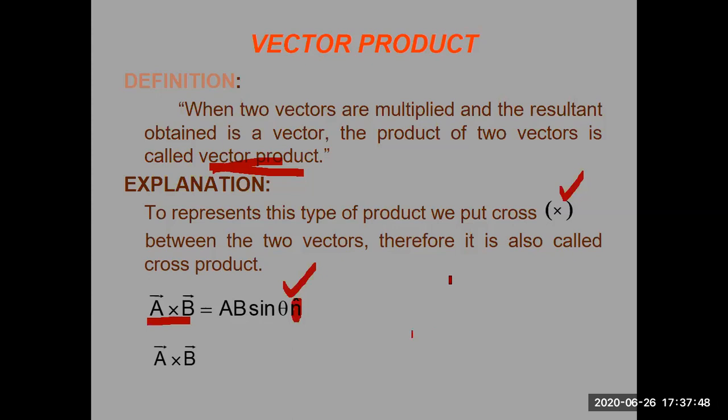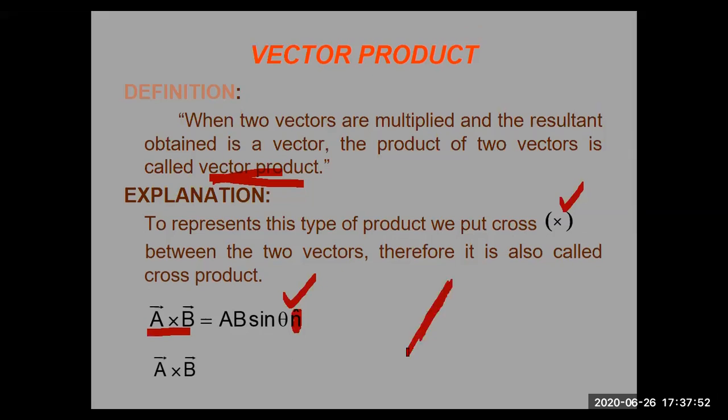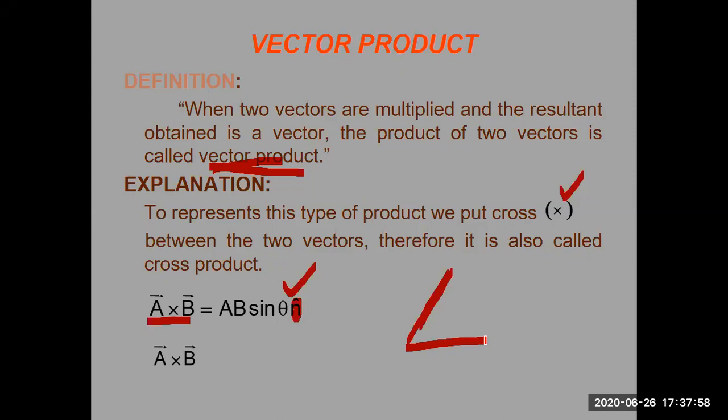Basically, if this one is vector A and the other one is vector B, and you are rotating, you use your right hand.